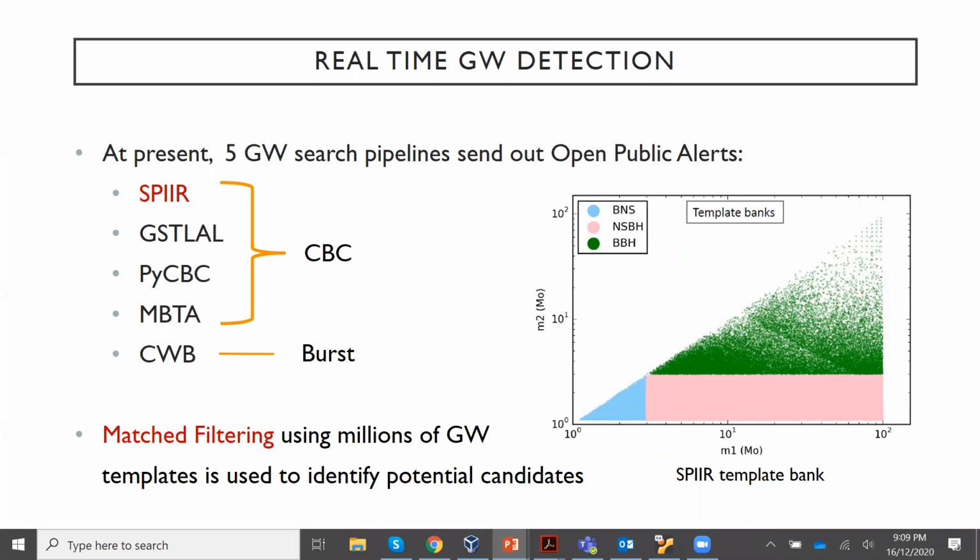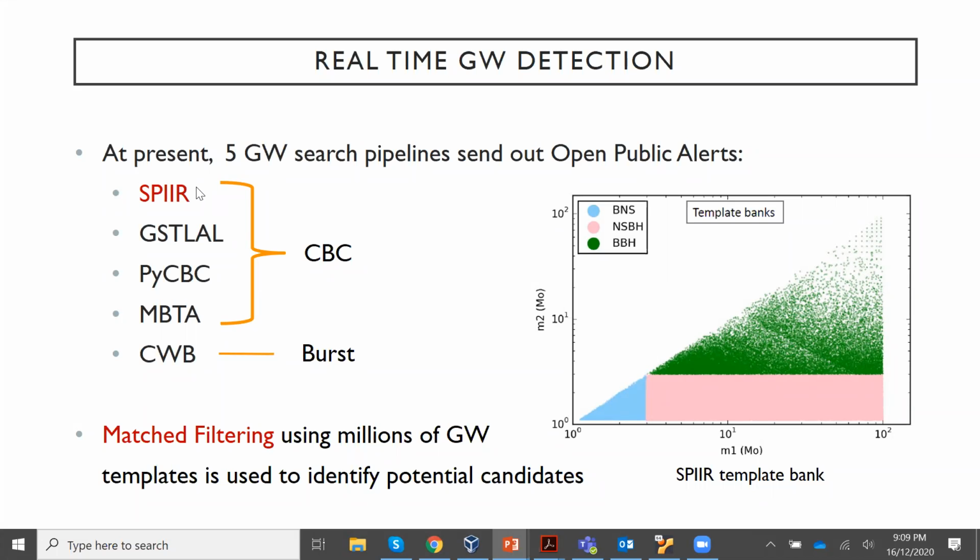So these burst sources are gravitational wave sources of unknown origin. It might be a supernova explosion, it might be something else. We are not sure, but there are no analytic template signals for these gravitational waves from burst sources, which is why it is a different category altogether.